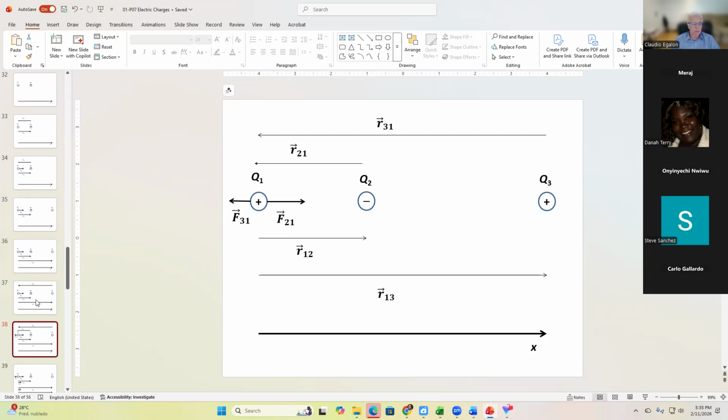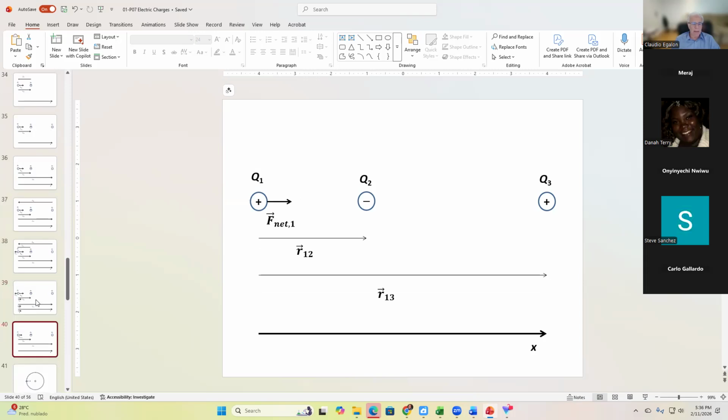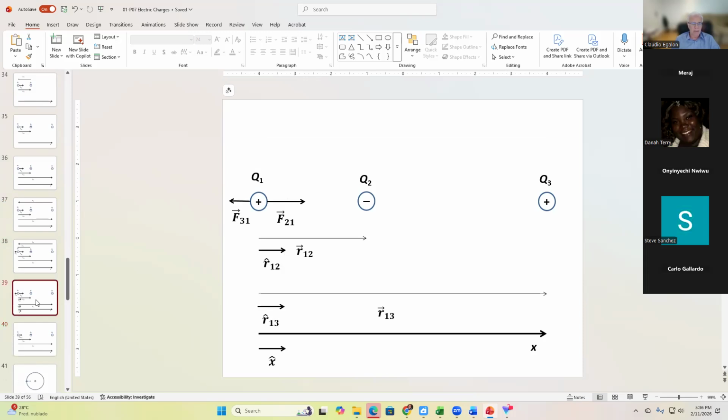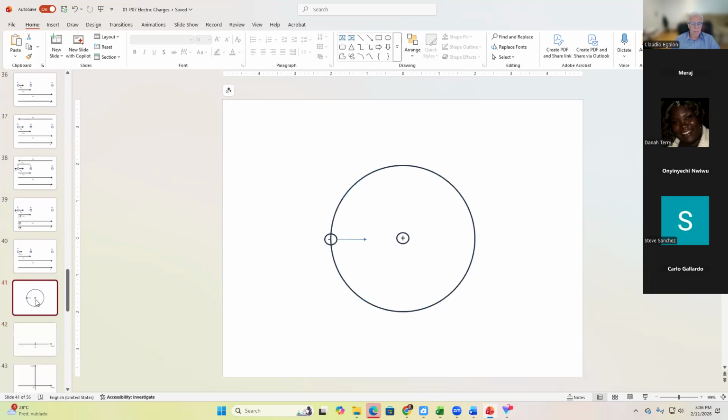Those forces are being summed up along a line in this case. But we can have some other things that are more complicated than that. That would be my net force applied to 1: the vectorial summation of those 2 forces.